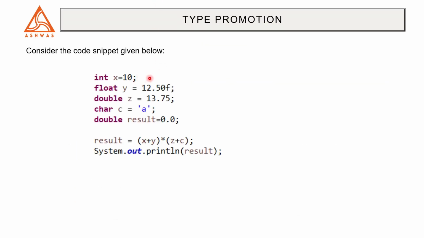So I have a variable x declared as int having value 10. I have another variable y declared as float having the value 12.50. And as we said, because it is a float variable, it has to end the value with the letter f. Then I have a double variable z given the value 13.75.